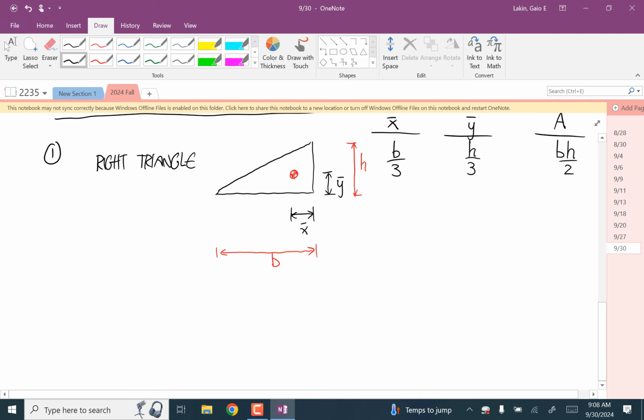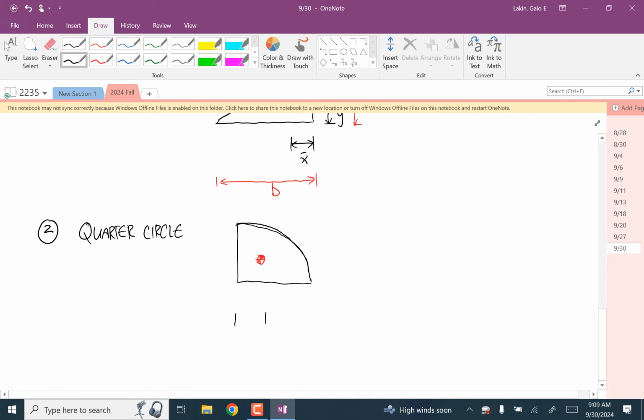The next one is a quarter circle. Imagine if that were a circle. And the centroid, I'll call this X bar and this Y bar.